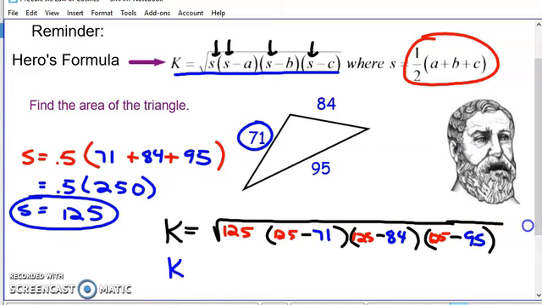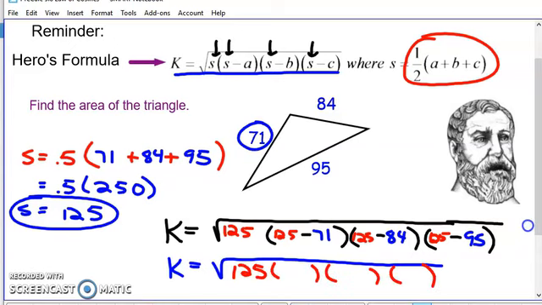One of the important things is that you do everything underneath the square root first. So I'm going to calculate each of the parentheses. 125 minus 71 is 54. Then we get 41, and then we get 30.